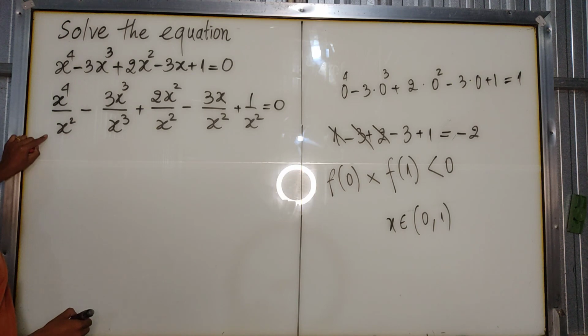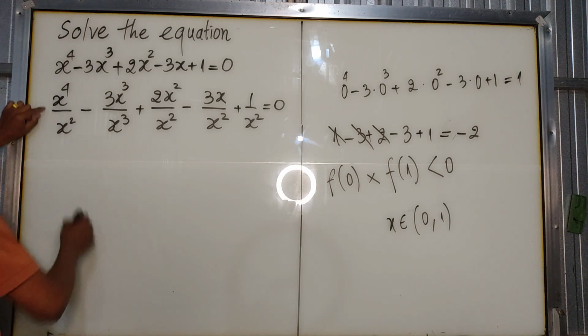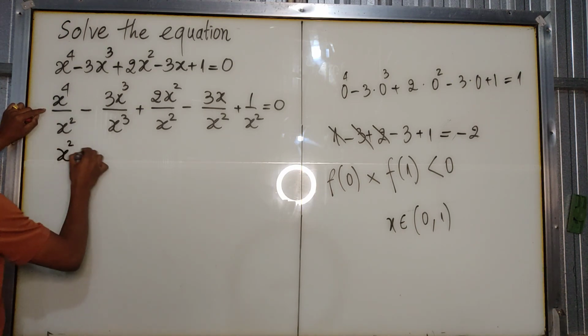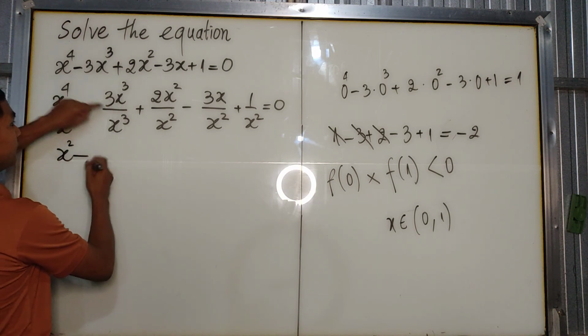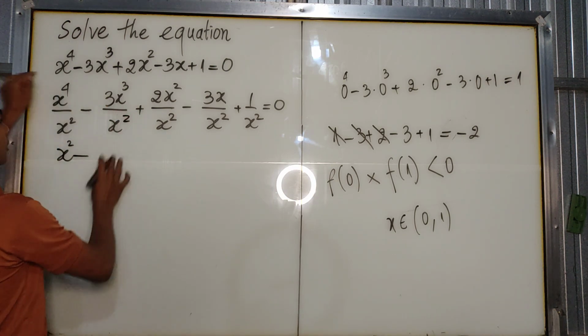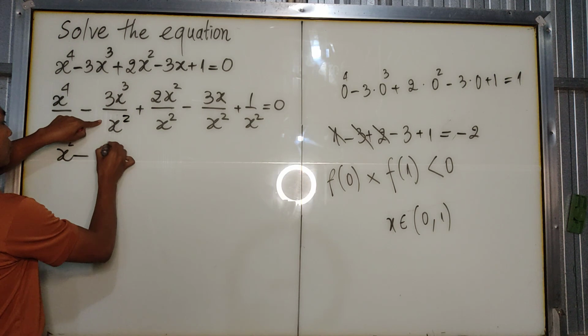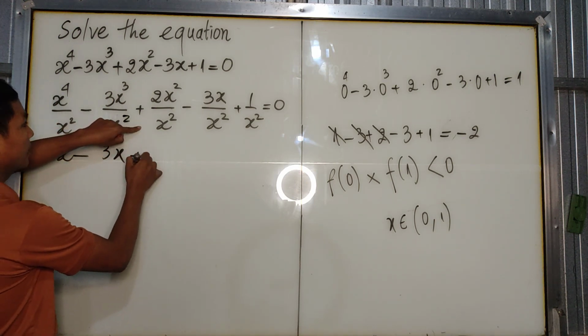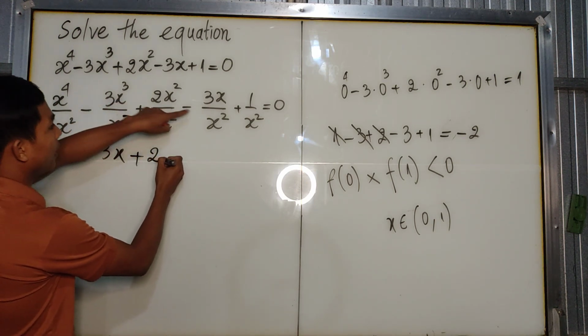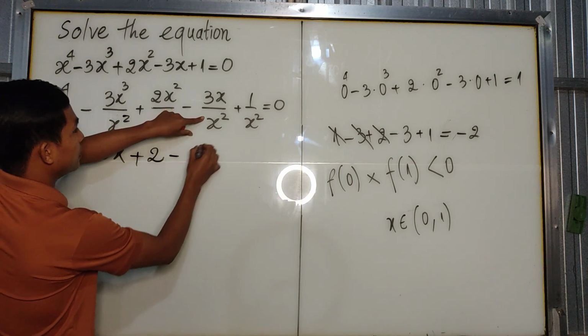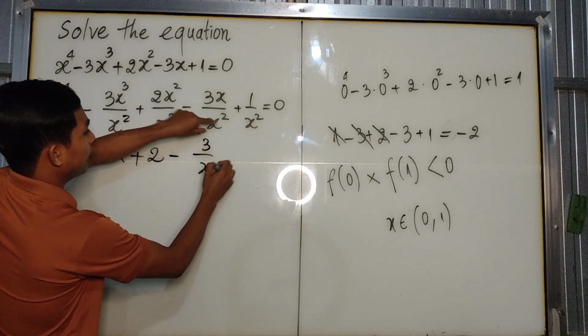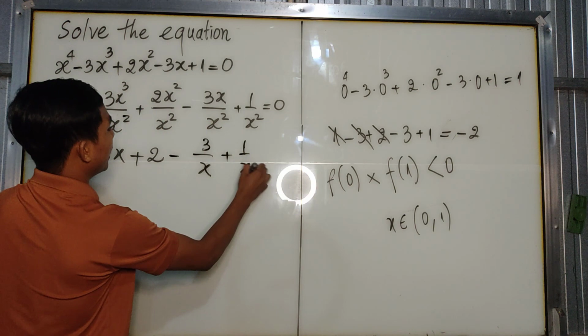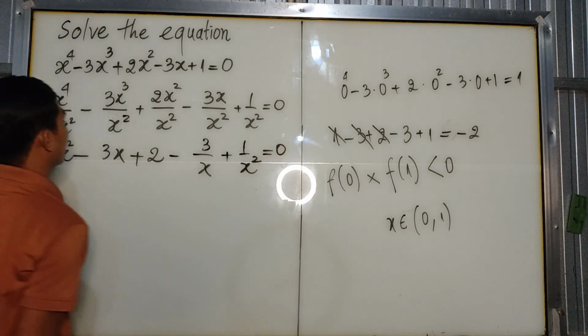And so we get x squared minus 3x plus 2 minus 3 over x plus 1 over x squared equals 0.